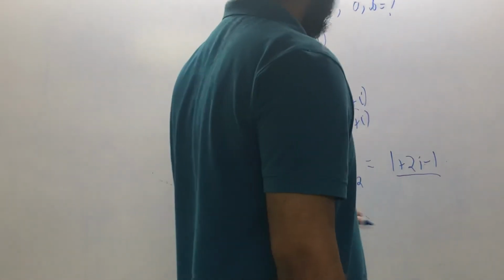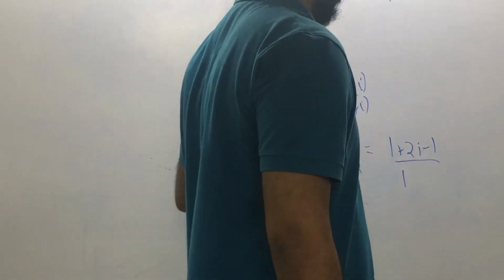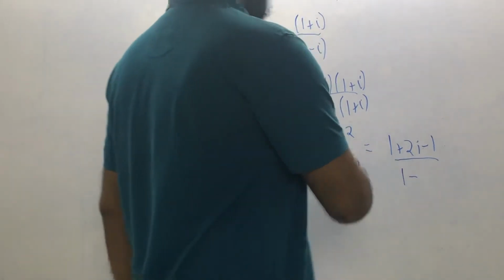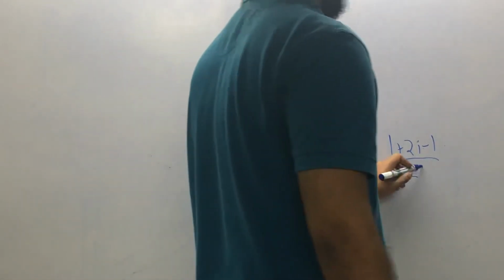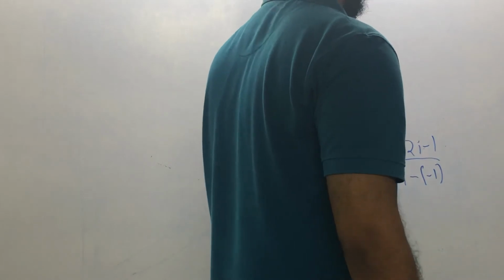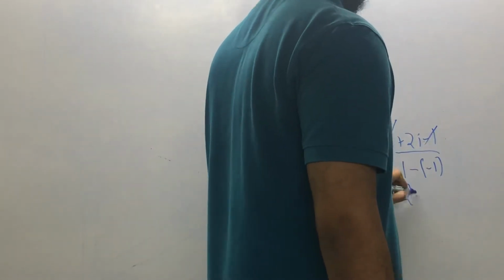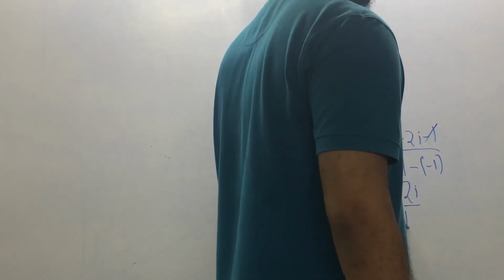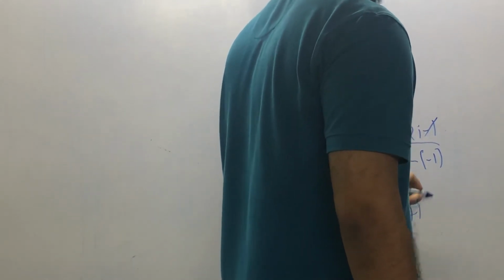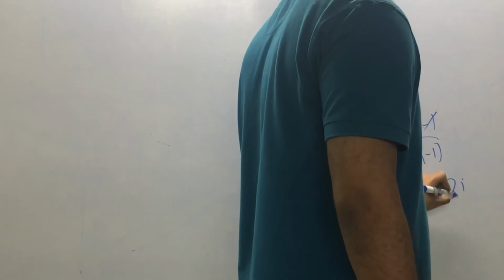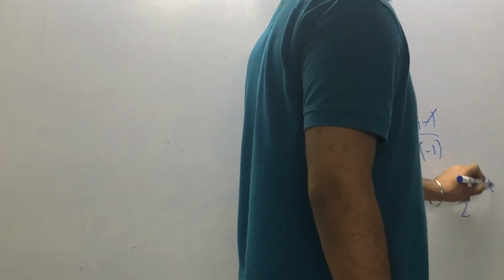On the bottom, 1 square is 1 minus iota square is minus 1. So this comes out to be 1 cancel, 2 iota upon 1 plus 1, so is equal to 2 iota upon 2 is equal to iota.